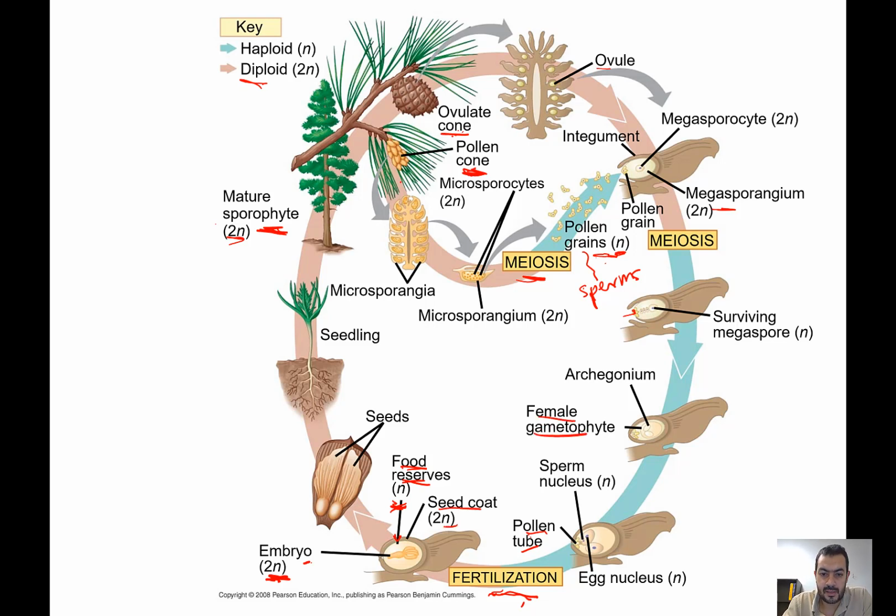Then the seed coat surrounding it is coming from the integument, which is actually coming from the ovule. So that will lead us to the seed, giving us a seedling. Once they land in a suitable environment, this will grow, giving us the sporophyte, which is the dominant stage that we see in the seed plants.